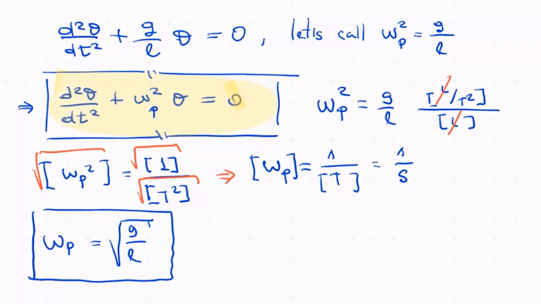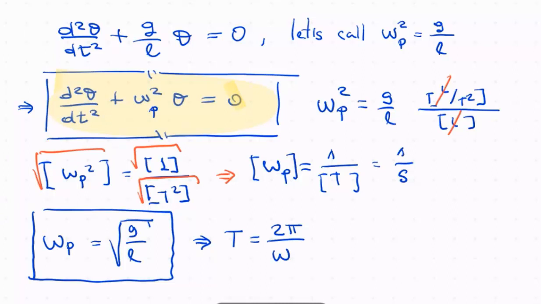But by definition, the period is 2 pi dividing the angular frequency, okay? The period is the time that the mass takes to make a complete cycle, in 2 pi radians, okay? So then we will define the period as 2 pi dividing the angular frequency, right?